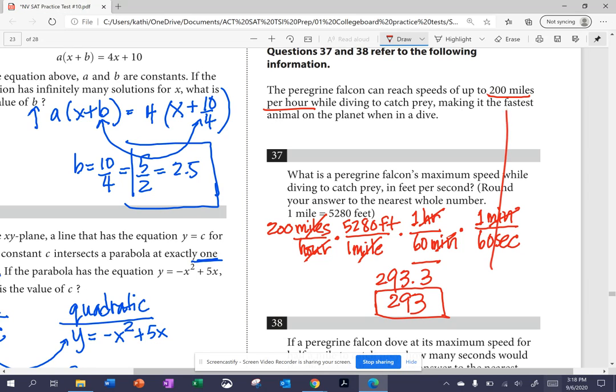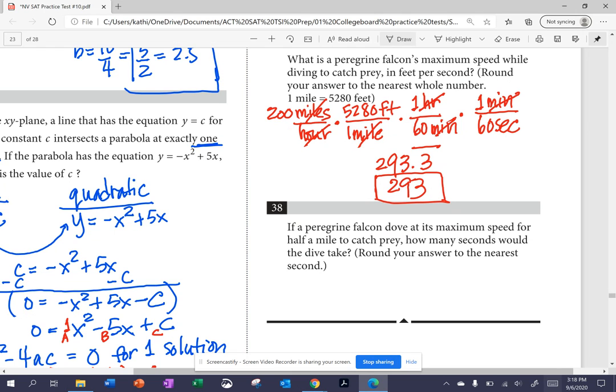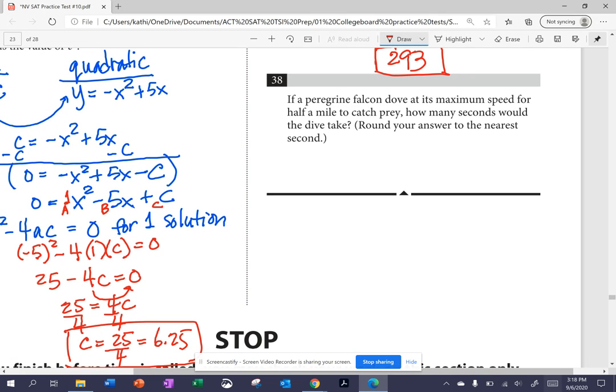Last one. We're almost there. If a peregrine falcon dove at its maximum speed for half a mile to catch its prey, how many seconds would the dive take?